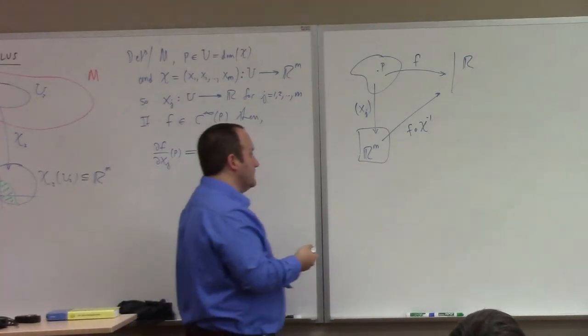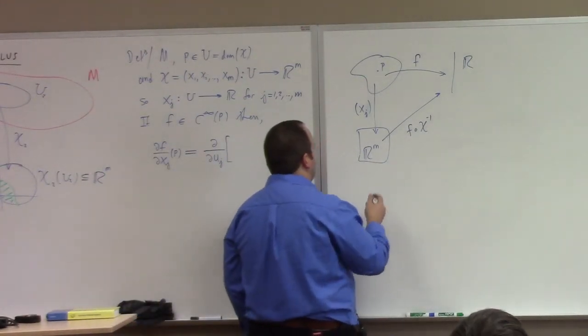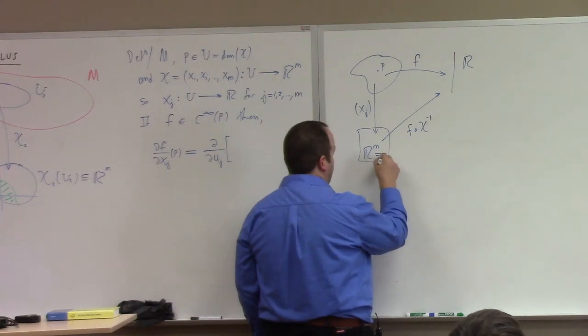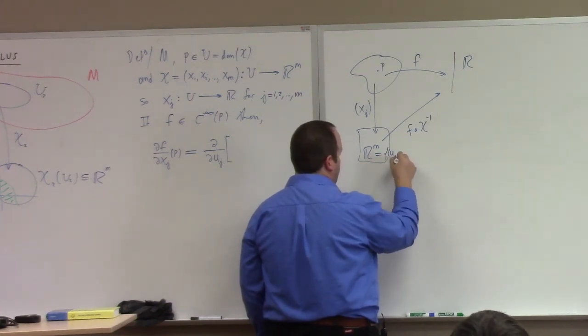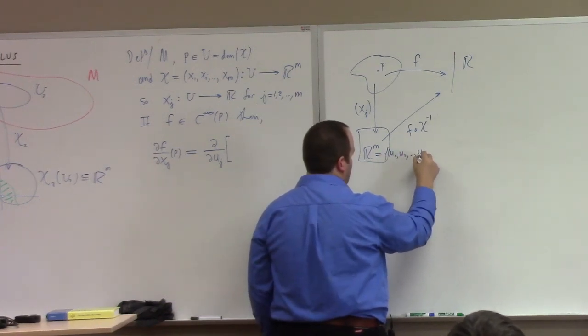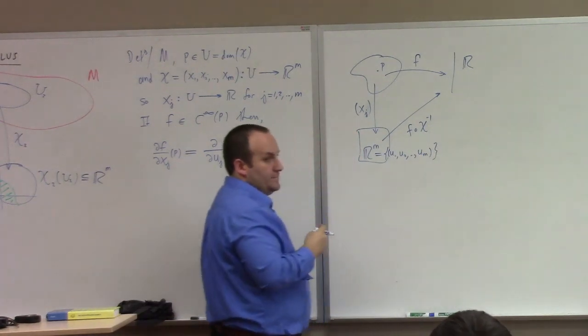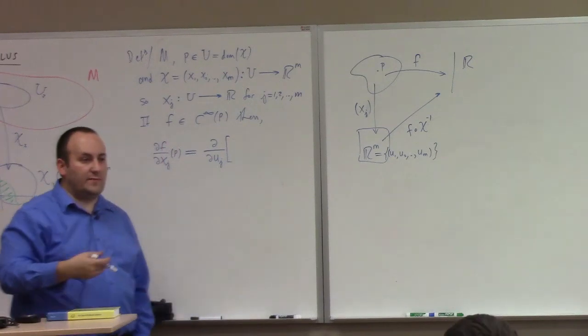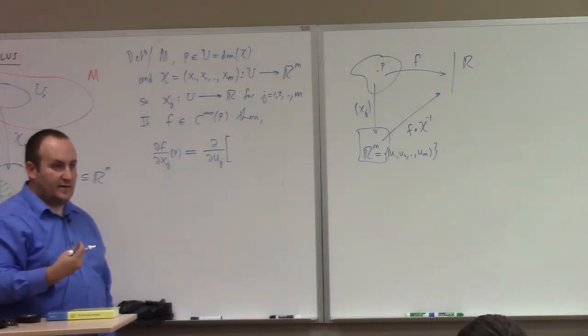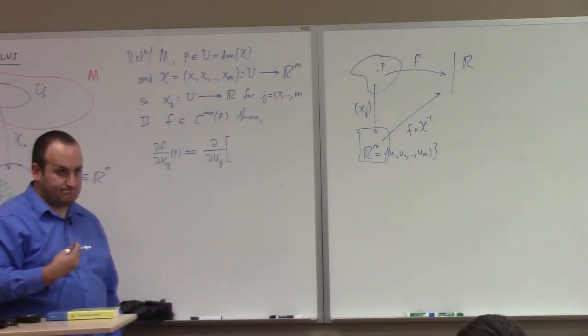What's the difference between our xj and ej here? So down here, this is u1, u2, up to um. I'm using u1 through um for the Cartesian coordinates in that Rm.